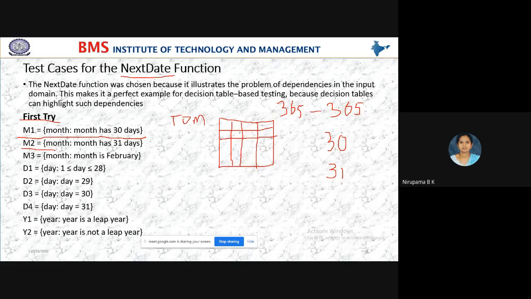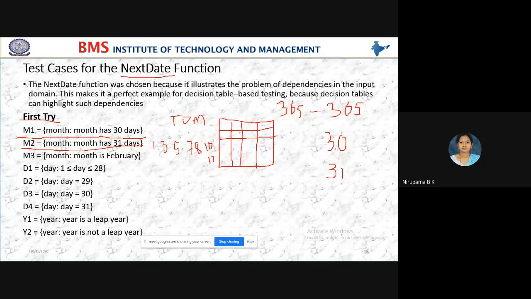And M2 is the condition for the months which are having 31 days. Which are the months having 31 days? 1, 3, 5, 7, 8, 10, 12.